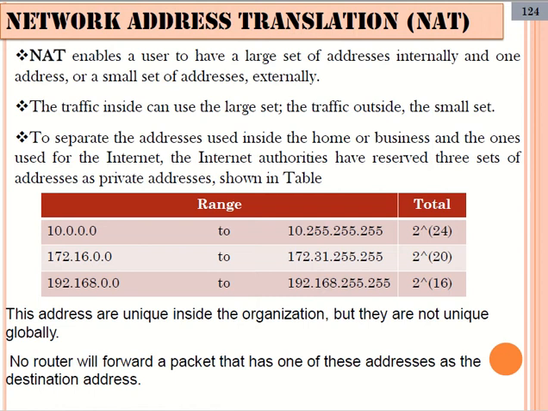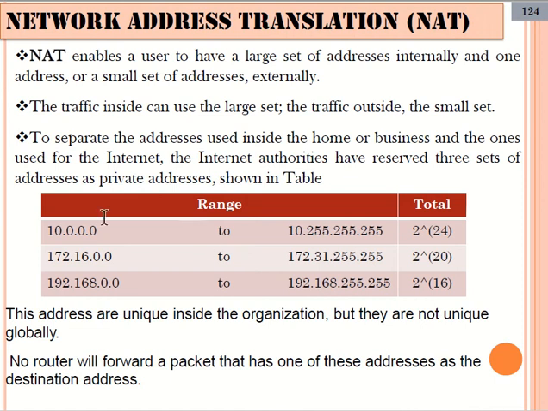So, network address translator is a method wherein there will be two types of addresses. One is the private address, and the other is the universal address. The private address will be within the organization, so this address will not be visible to the outside world. Whenever the organization wants to communicate with the external world, it will use the universal address assigned by the ISP.